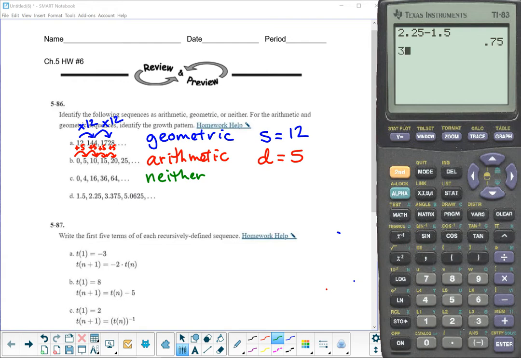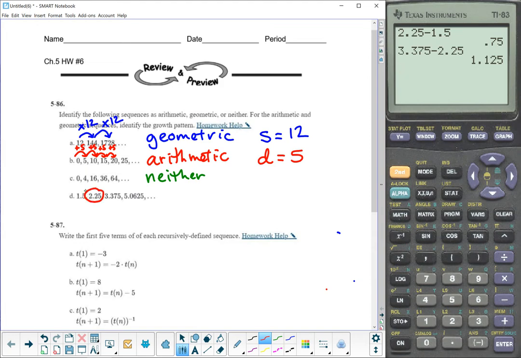Now I'm going to do the next one. 3.375 minus 2.25, and I get 1.125. You see how when I'm doing the subtraction, I should be getting the same number if it is arithmetic, and it's not, because I'm not getting the same number. So that means that it's not arithmetic.